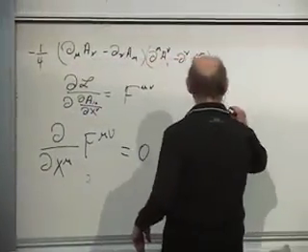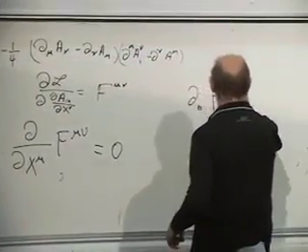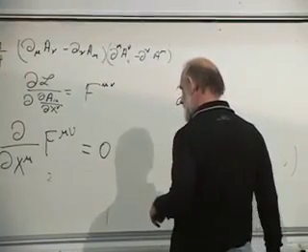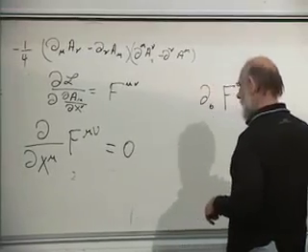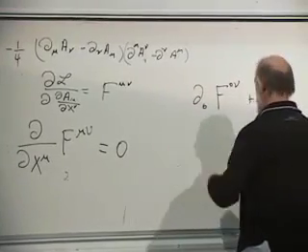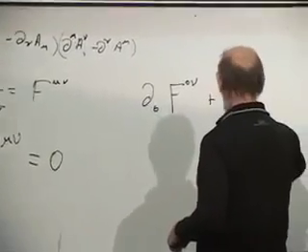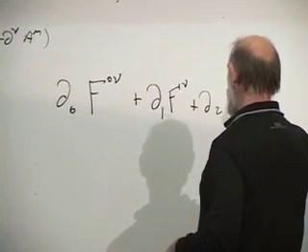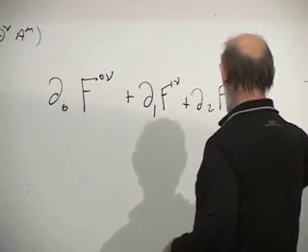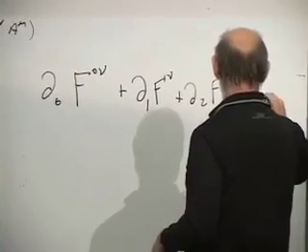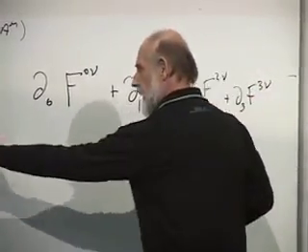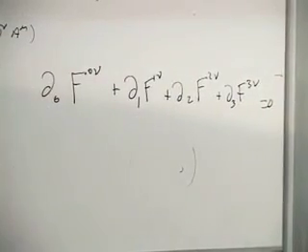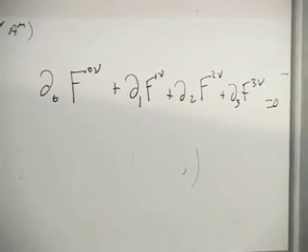Let's take d naught of F naught nu plus d1 of F1 nu plus d2 of F2 nu plus d3 of F3 nu. This is what's on the left-hand side, and that's equal to 0. We have to pick a nu. Which nu do you want to study?